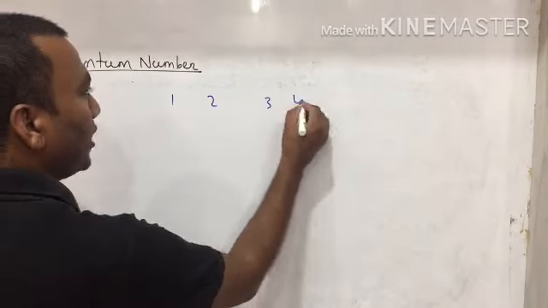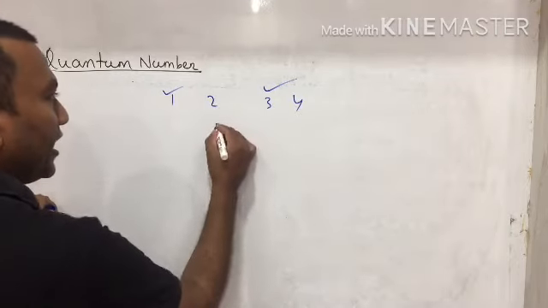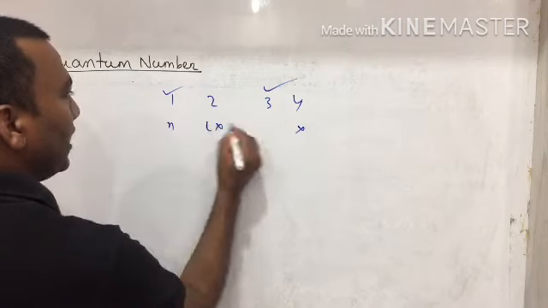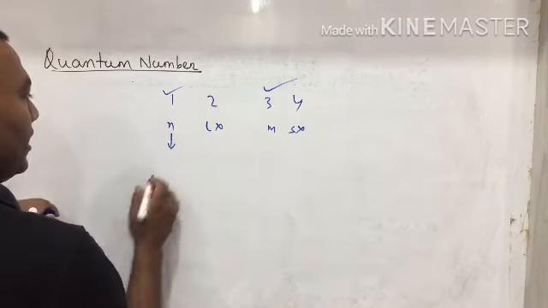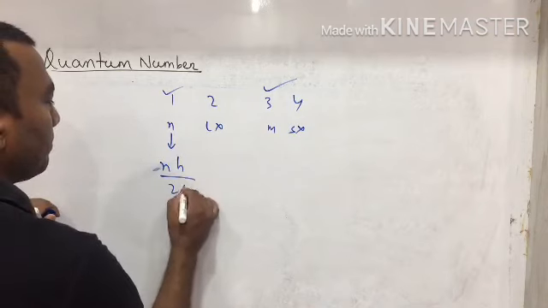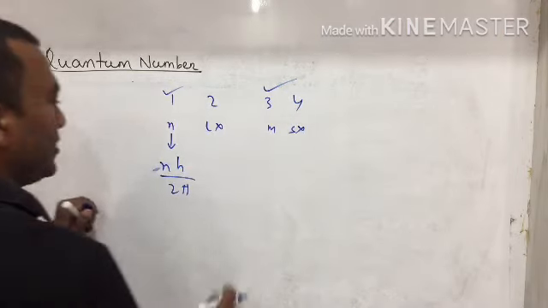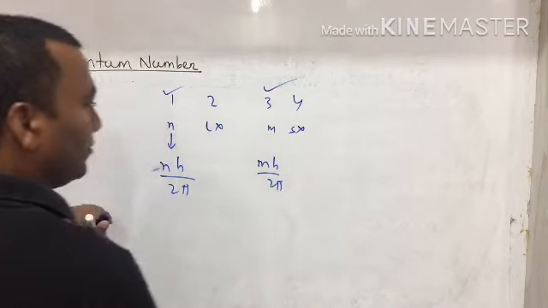We are reading four quantum numbers. First and third format is the same, second and fourth format is the same. This is n, this is l, this is m, and this is s. So if we use n, angular momentum is nh by 2 pi. And first and third format is the same, so it is mh by 2 pi.